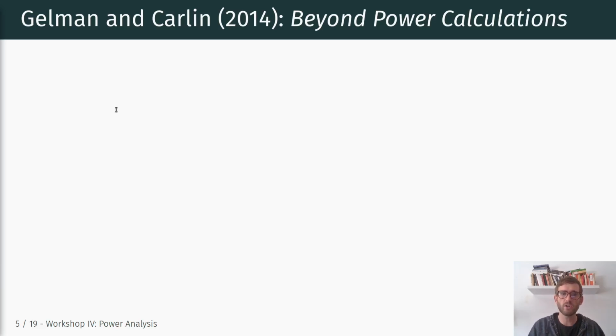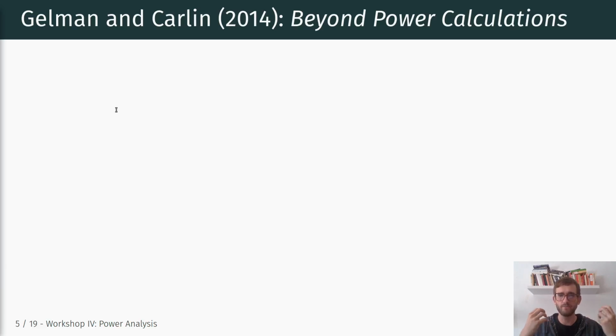But there are problems with this kind of procedure. There are issues with this basic framework, and Gelman and Carlin make the point in their paper Beyond Power Calculations that these traditional power calculations are ultimately flawed due to a narrow focus on statistical significance, right?